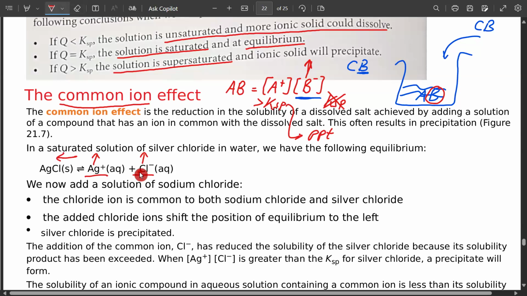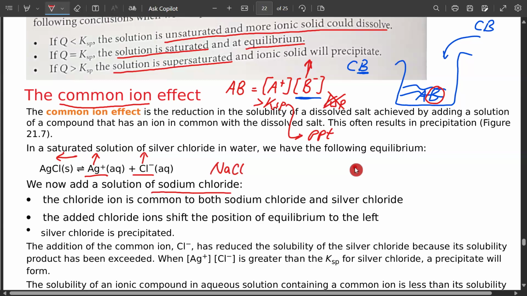It will move back to the AgCl state, and AgCl will then be precipitated out, right? Yeah. Now, how can you increase the value of one of these two ions? You can take the example of sodium chloride, NaCl.